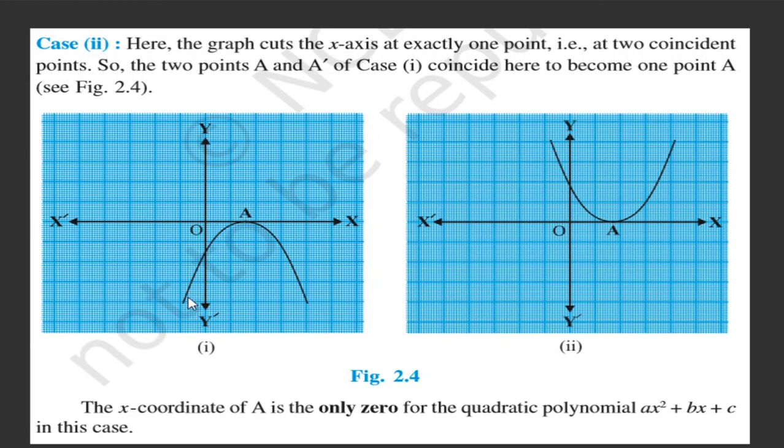That means the values of x are increased and the y values are also increased. At one particular x value, the y coordinate is 0, and again you are increasing the x values, but the graph comes down. That means the y values are decreasing. The x values are increasing, still they go on, but the y values are decreasing.